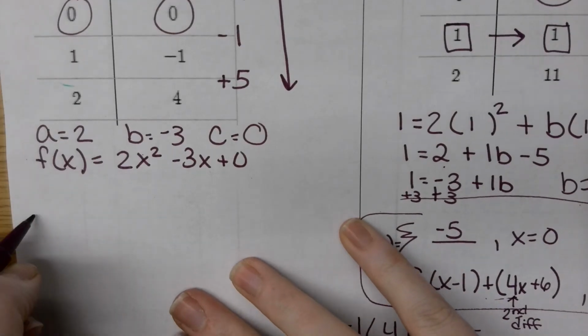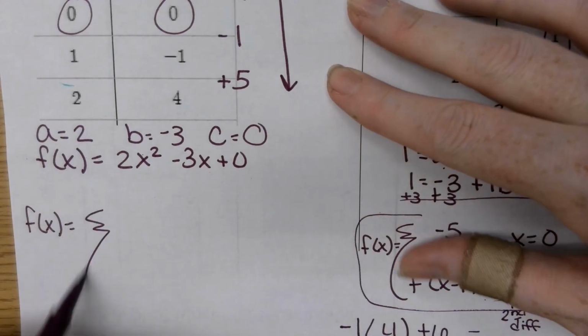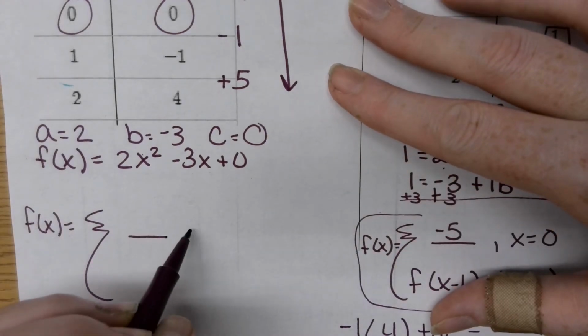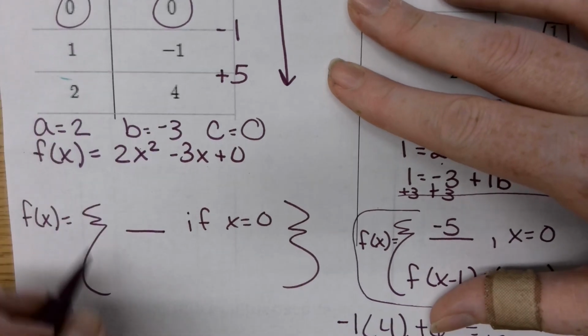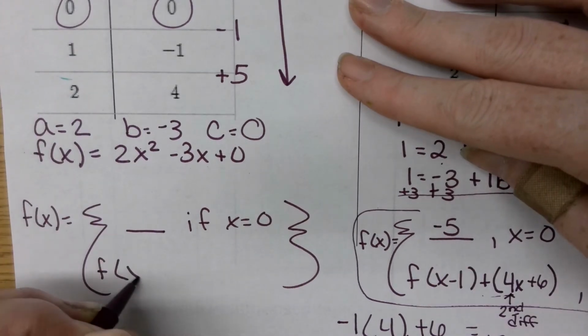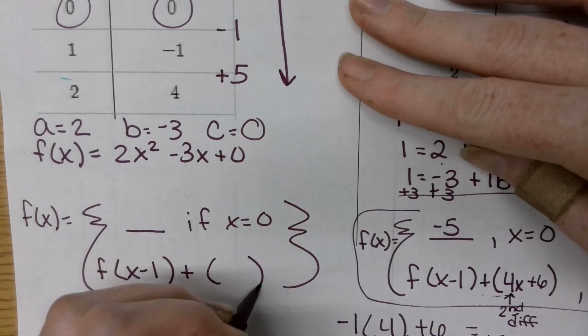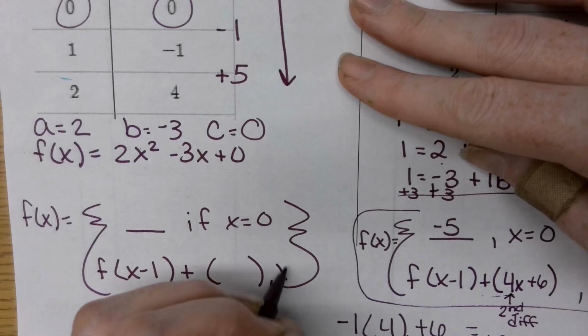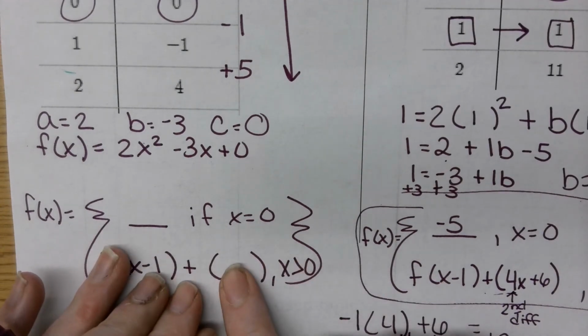So remember, this is case language, f of x equals blank if x equals 0. And then my case language would be f of x minus 1 plus something if x is greater than 0. Okay, this is your case language. So we need to fill in this and this.